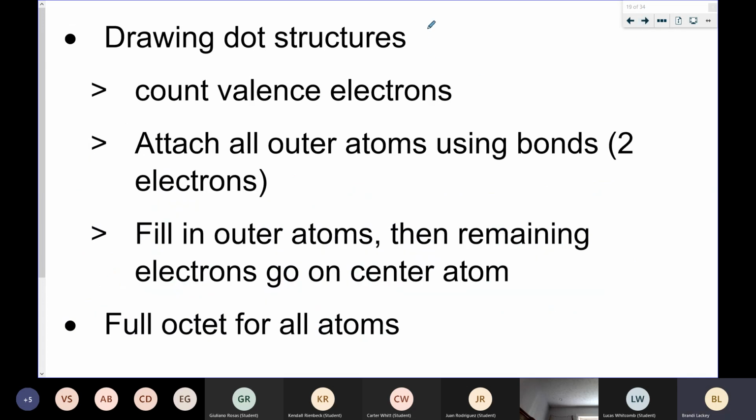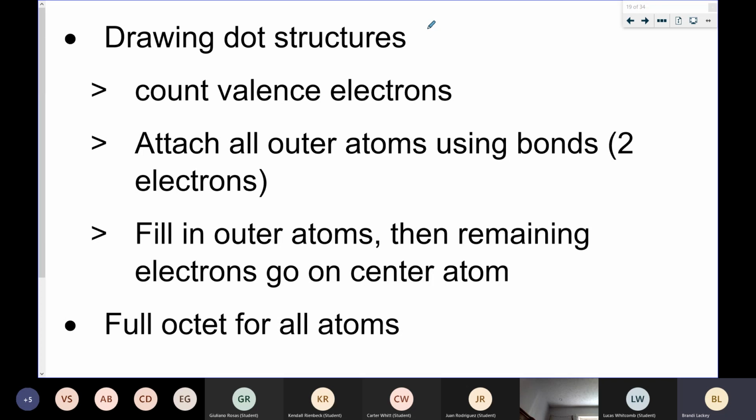All right, then we went into bonding. We also spent a good time on the actual dot structures. Most dot structures are going to be covalent. That's what we tend to deal with the most. Remember the general rules for drawing dot structures. You want to count the number of valence electrons.